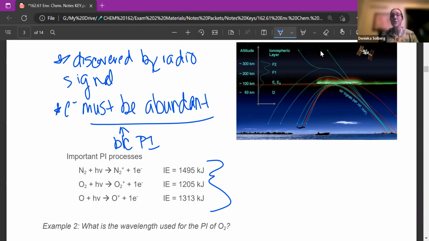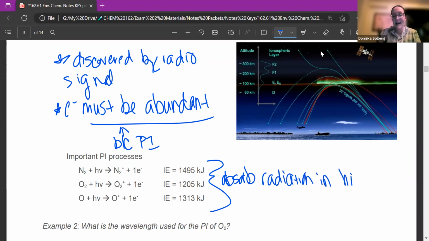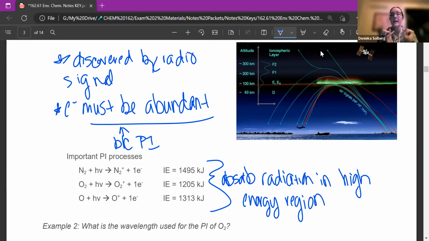So these reactions absorb radiation in the high energy region. High energy would mean short wavelength, high frequency, and this would be UV. So it's taking in the really bad UV rays from the sun.